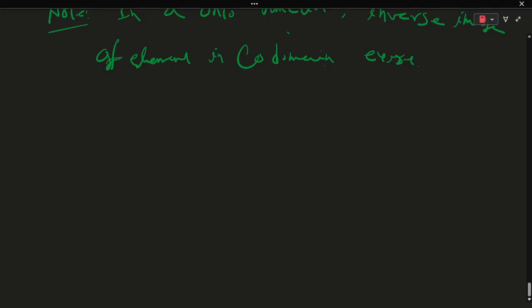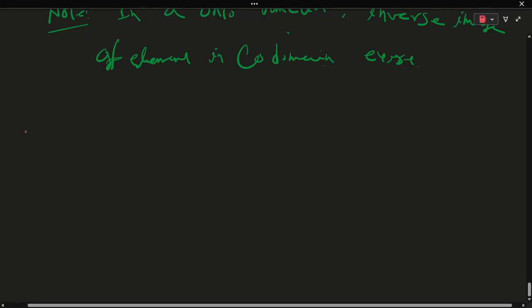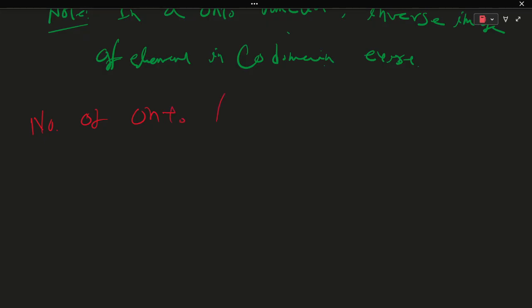Okay, the number of onto functions. The number of onto functions is very important, a counting problem.